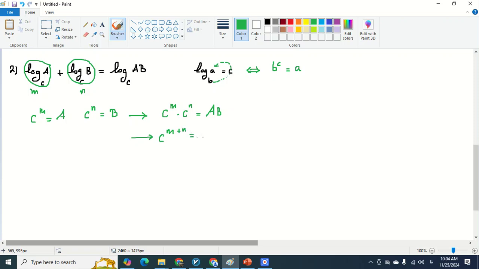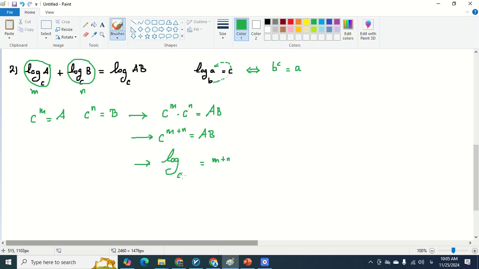And by the definition again we can convert the situation and find the formula. It means that we rewrite that expression in logarithm form again. So it seems that the logarithm of c to the power of m plus n should be equal to a times b.